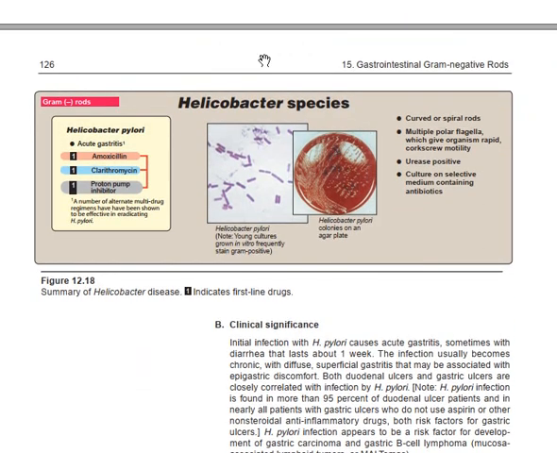Now these are the specific characteristics of Helicobacter pylori. It is a curved or spiral rod. They have multiple polar flagella. Is it clear? Which give the organism a rapid corkscrew motility. They are urease positive. They are cultured on selective medium containing antibiotics.